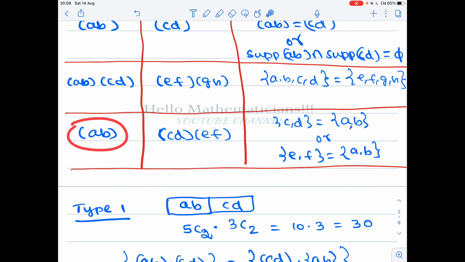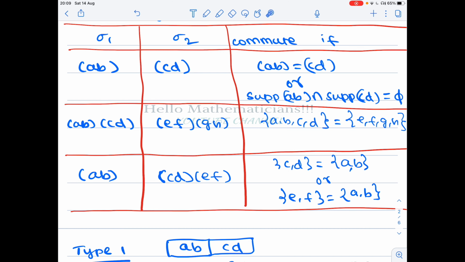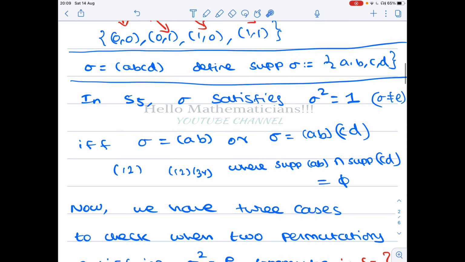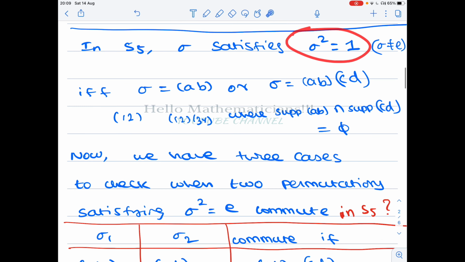Similarly, a two cycle and a product of two cycles commute if either this two cycle is equal to this cycle, or this cycle is equal to this cycle. That is the only possibility. Again, you try to convince yourself with various examples and try to prove the result. So these are the conditions under which elements of order 2 commute. Note that we just saw that an element has order 2 if it is either a 2-cycle or a product of two 2-cycles.